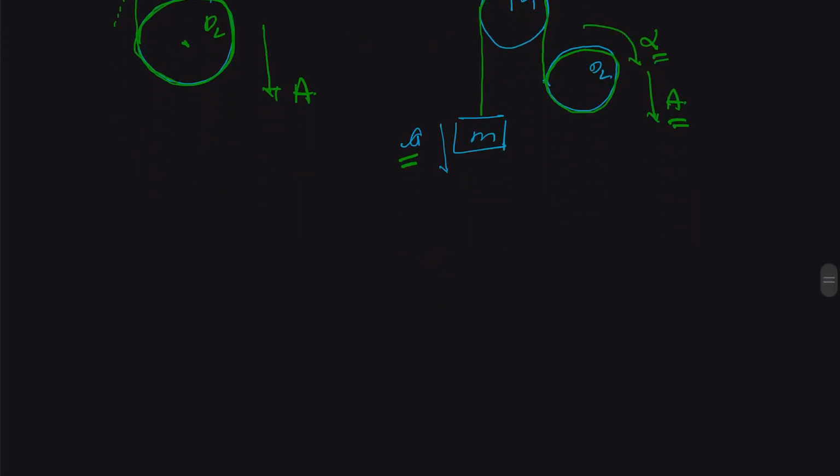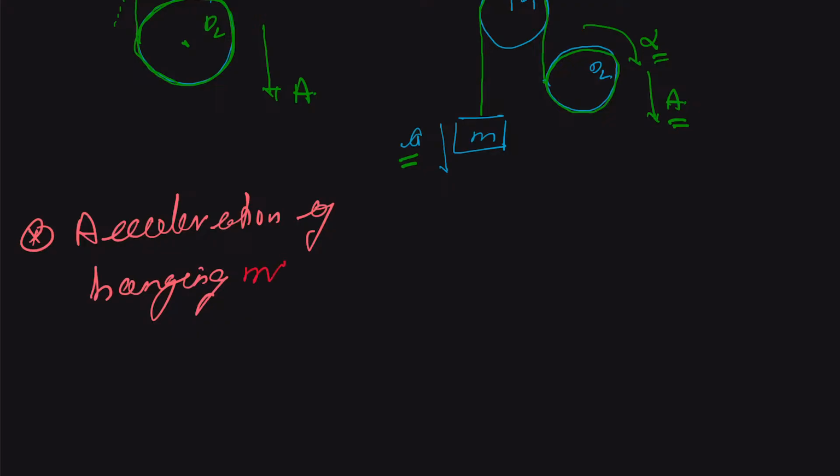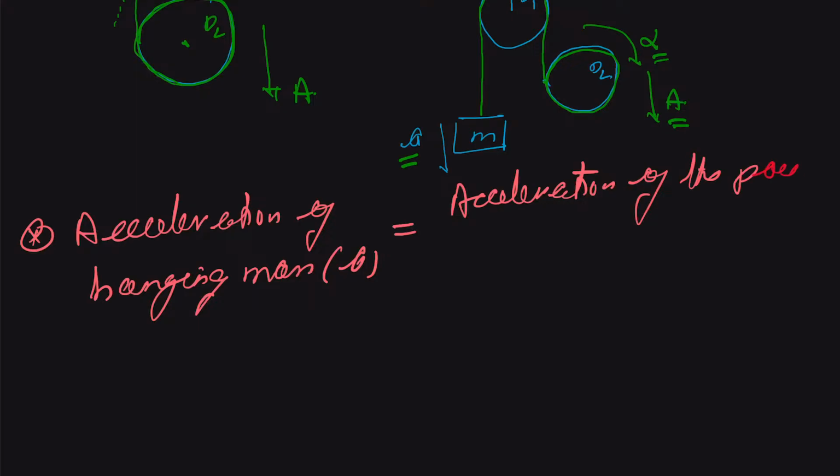So we can write that the acceleration of the hanging mass, which we have taken as a, will be equal to the acceleration of the point on the rim where the tape unwinds.